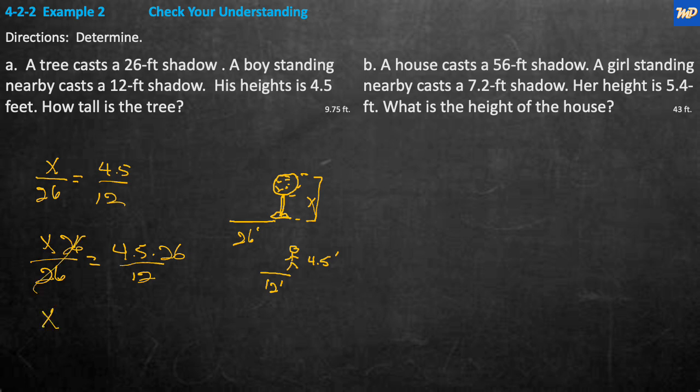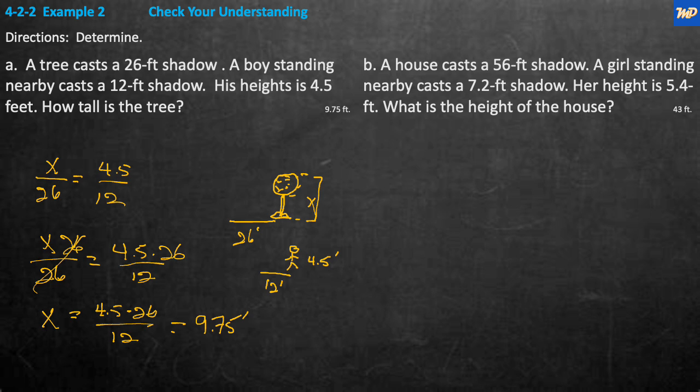We're going to get X is equal to 4.5 times 26 divided by 12. And that equals, if you do the math on it, 9.75 feet. That's the tree's height.